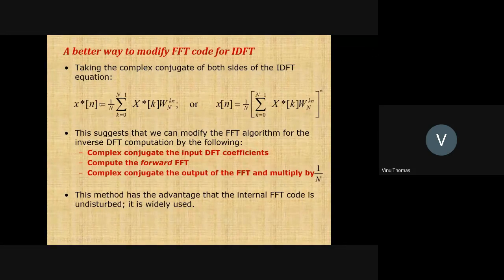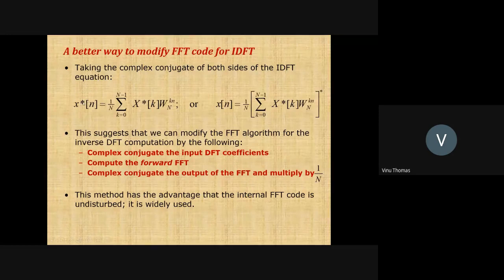Okay, so what we'll do is write the expression for the synthesis. x of n is equal to 1 by n sigma k equal to 0 to n minus 1 X of k W raised to minus kn, and then take the complex conjugate on both sides of the IDFT equation.